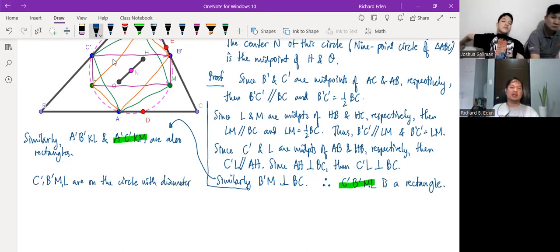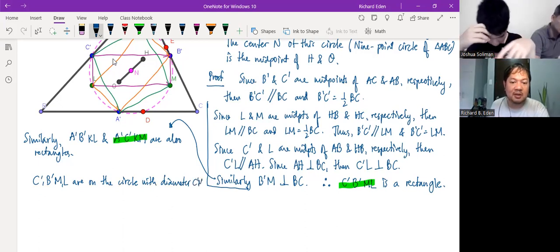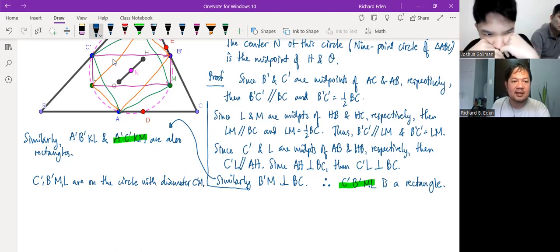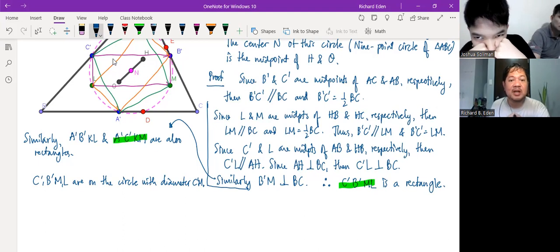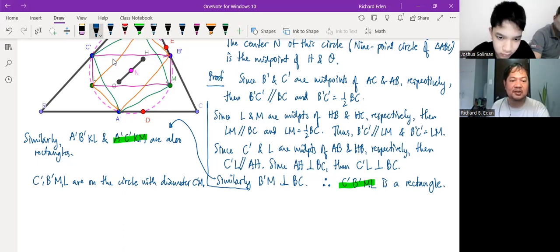So I'm referring to nung pinakauna, which is purple, with diameter C prime M. Diba? C prime M. Kasi purple, C prime M is a diagonal. So, nung diagonal na yon, that's gonna be a diameter of the circle.